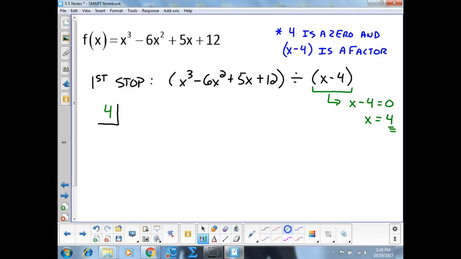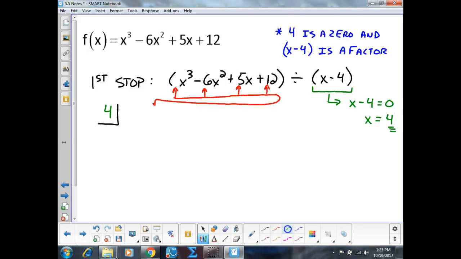The coefficients from in front of that go inside. So 1, -6, 5, and 12. Just like with synthetic substitution.